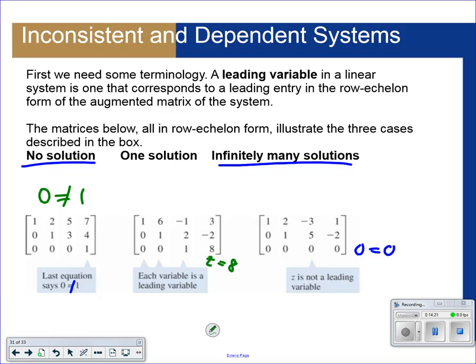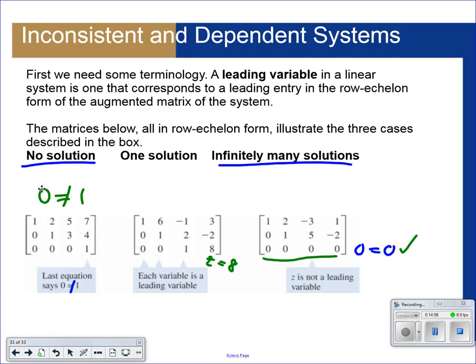And then you have y plus 2z equals negative 2. You could solve it with back substitution. And then x plus 6y minus 1z equals 3. You could solve that with back substitution. But for the infinitely many solutions, on the bottom, you can have this row of zeros, and there's no leading variable for the z. So then you are ending up with 0 equals 0, which is a true statement, and that means there are going to be infinitely many solutions to your matrix.